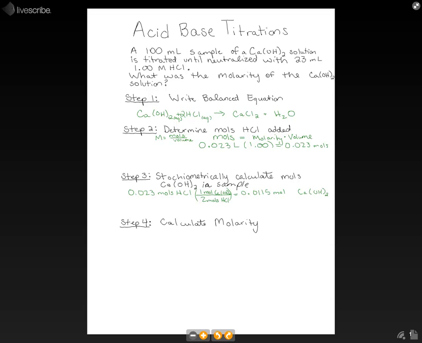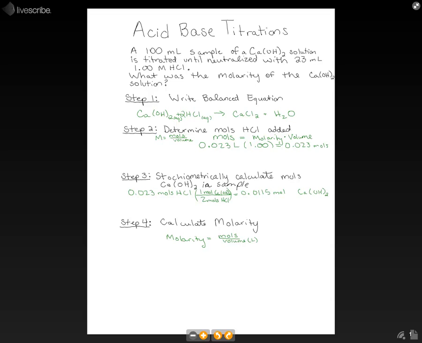So now we know the number of moles, and we also know the volume of our calcium hydroxide solution. So from that we can calculate our molarity. Once again, we know that molarity is equal to the number of moles per volume, which is expressed in liters usually.